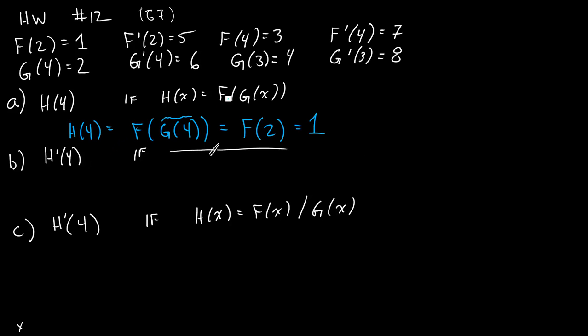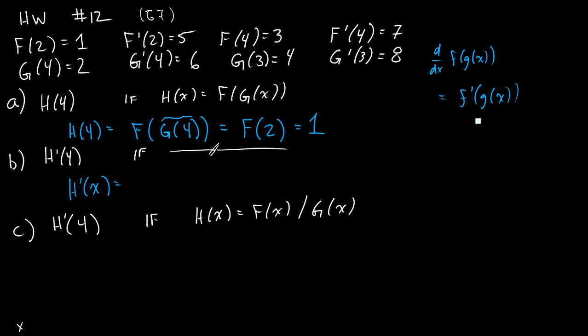Now h prime of 4. If h is the same thing, how do I figure out what h prime is? So what's h prime of x? Well, it's the composition of functions, and so this is actually going to be a chain rule problem, right? Remember when we see something like d over dx of f of g of x, this is equal to f prime of g of x.